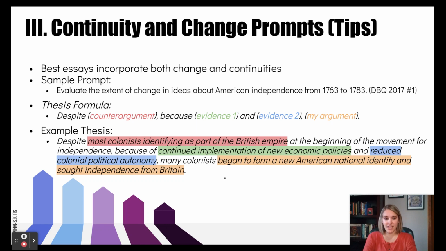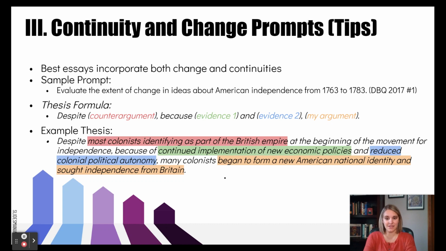So here, if we take the DBQ prompt, evaluate the extent of change in ideas about American independence, and we use this thesis formula, go ahead and use my thesis writing video to help you understand this formula more in depth. But if we include the counter argument in our evidence and then the argument, you can see how incorporating both continuities and changes will help you to write a very solid analytical essay.